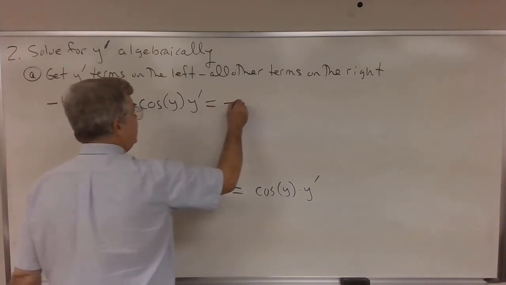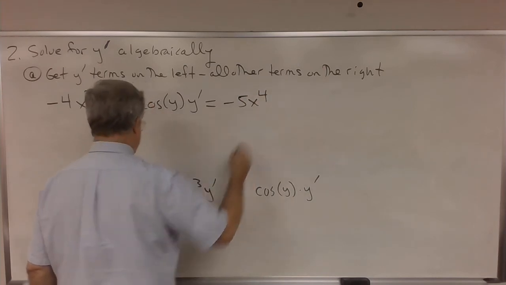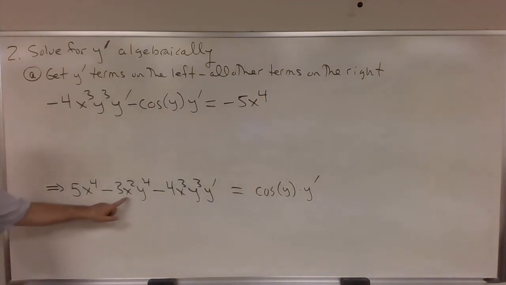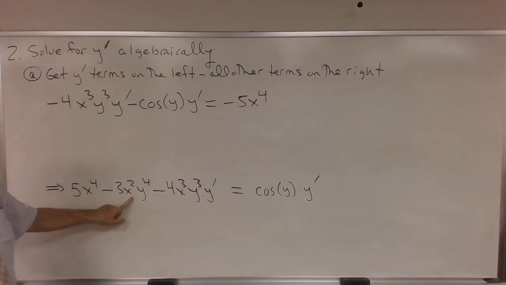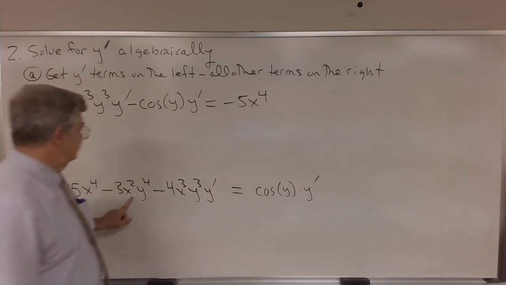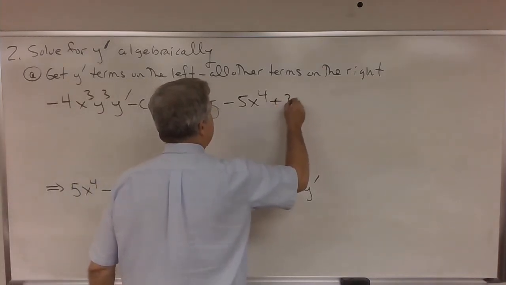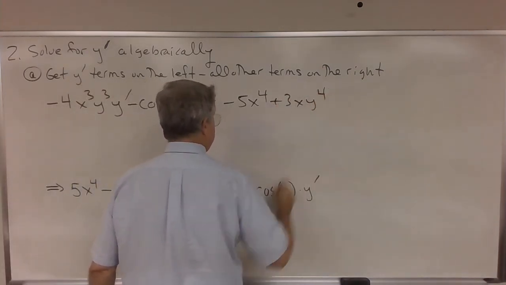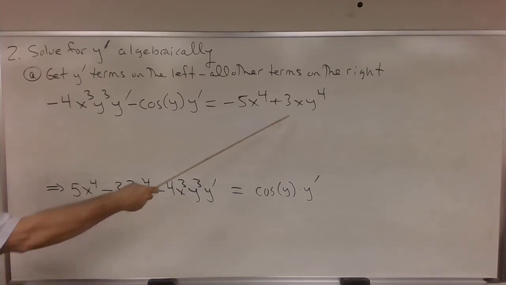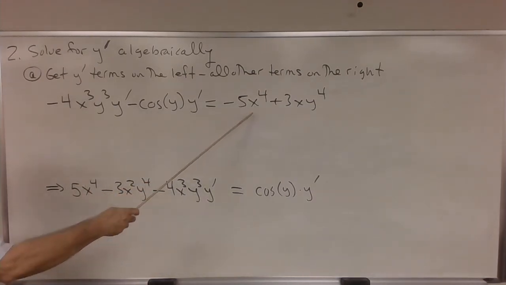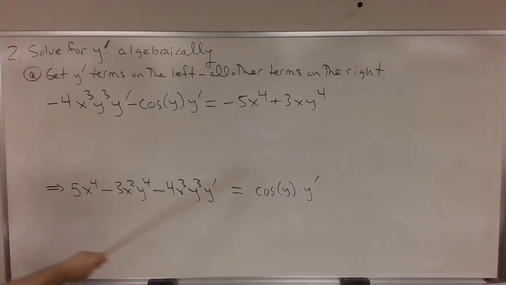So subtract 5x to the fourth. This has no factor of y prime. We've got to move it to the right. So add this term to both sides. 3x squared plus y to the fourth. And let's say this term goes over here, this term goes over here, this term stays, this term goes over here.